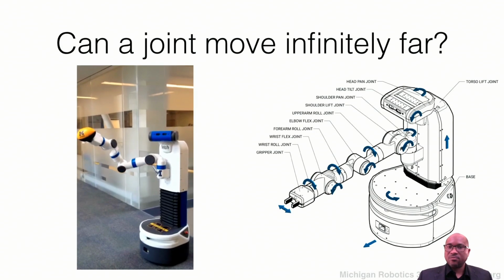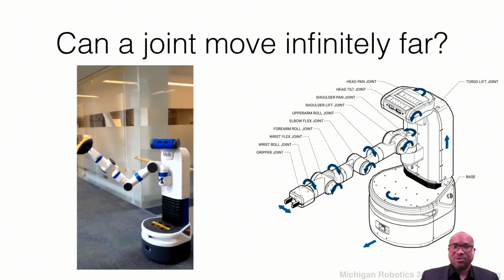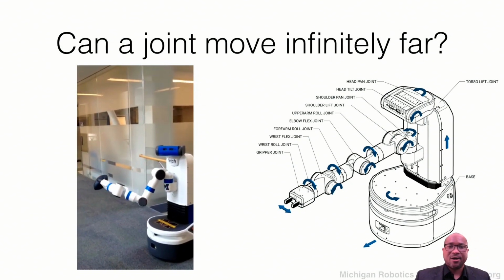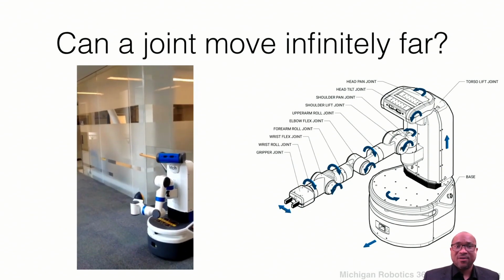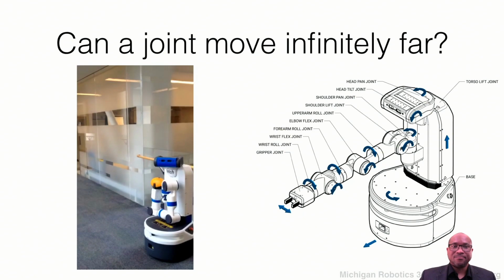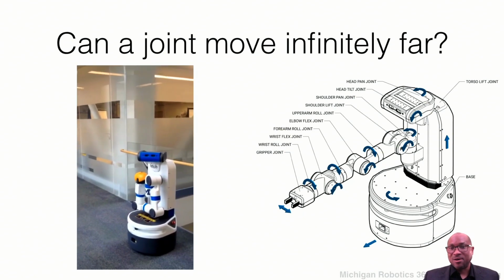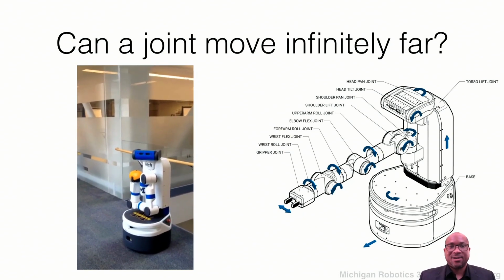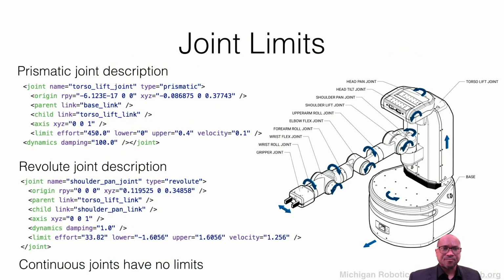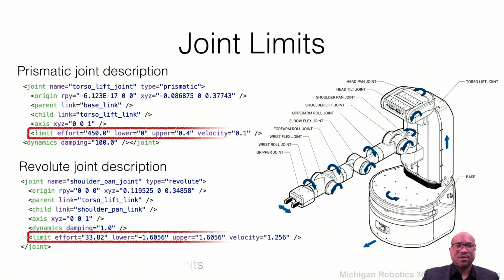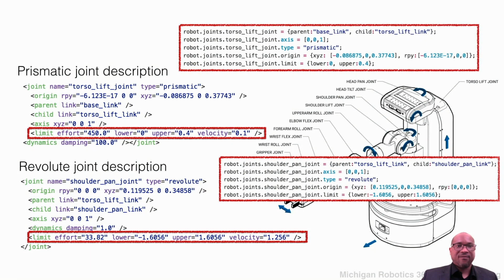And so a few considerations that we should keep in mind. One is, can a joint move infinitely far? The answer is, in some cases that's true, but for our fetch robot, definitely not. And so we have to respect joint limits as well. When we're considering our joint limits in the URDF, you'll see a limit field.